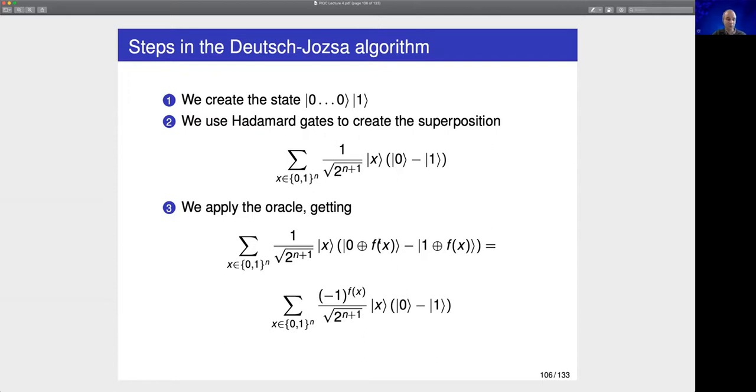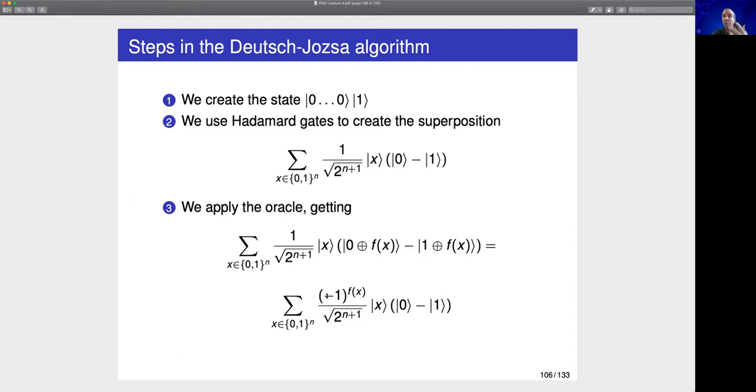But remember from Deutsch's algorithm that f(x) is either 0 or 1. If it is 0, then this does not change: 0 XOR 0 is 0, 1 XOR 0 is 1. And if f(x) is 1, then we are going to invert, changing 0 to 1 and 1 to 0. So what we are going to have is 1 minus 0.